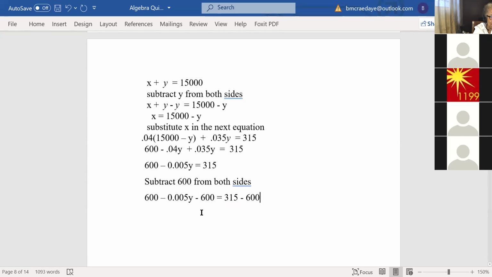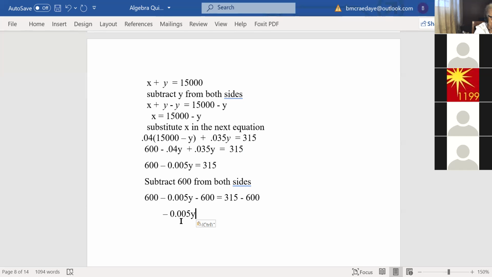So what do I have left on the left side? What's remaining on the left side, Audrey? 600 plus 600 minus 600 is 0. The plus and the minus 600 is going to give you 0.